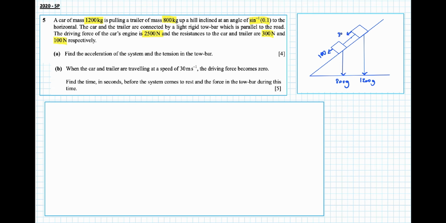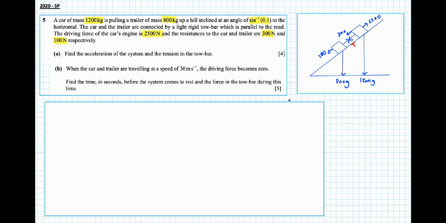So finding acceleration in the system and a tension in the tow bar in this case. So putting your tensions there as well. You may do a separate diagram for both if you wish. After a little bit of practice, you should be able to see the difference between the whole system and the individual components. Okay.